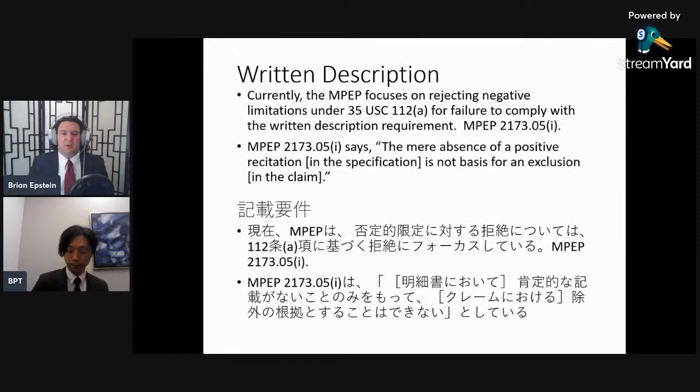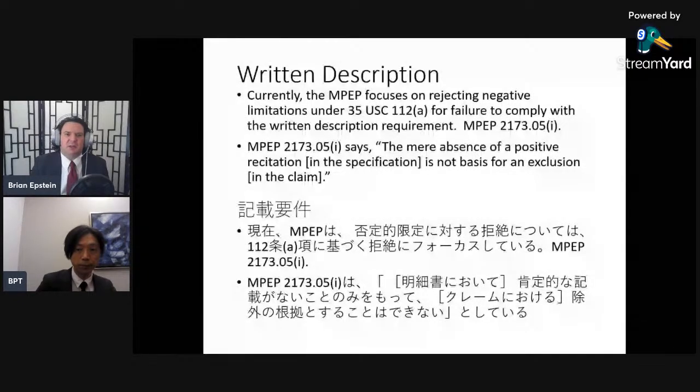However, currently, negative limitations are attacked under a different provision. This comes up under 112(a) for failure to comply with the written description requirement. And there's a particular cite to the MPEP here.